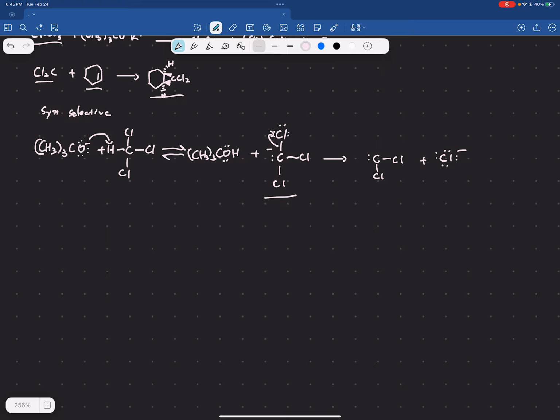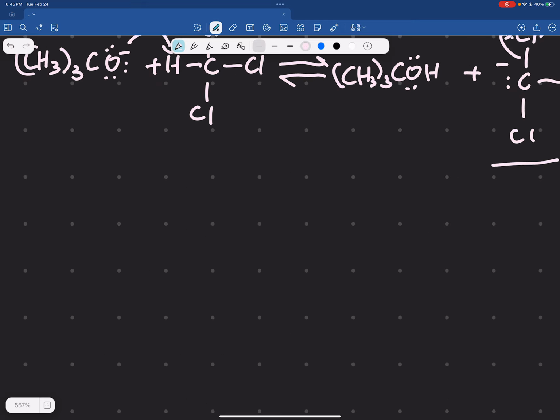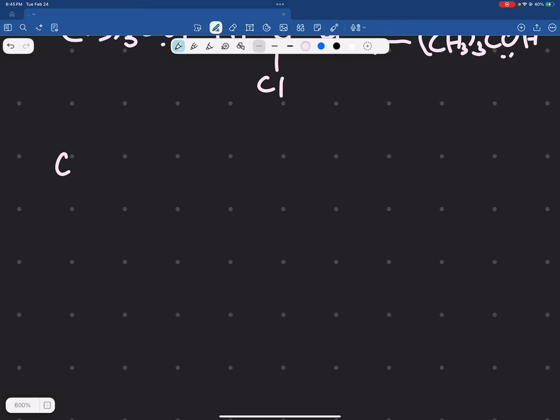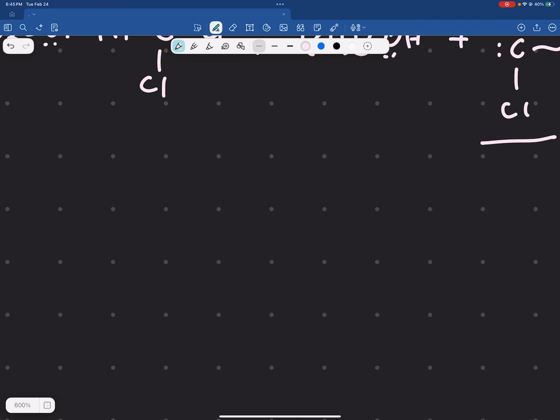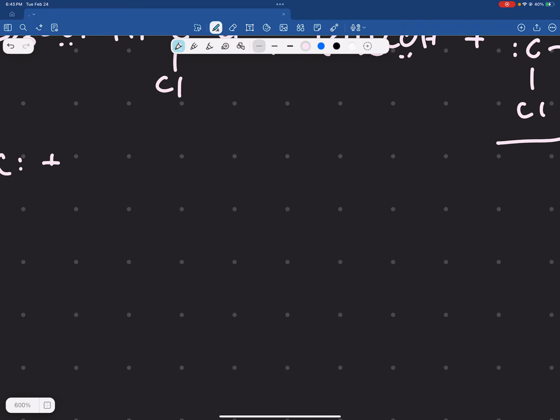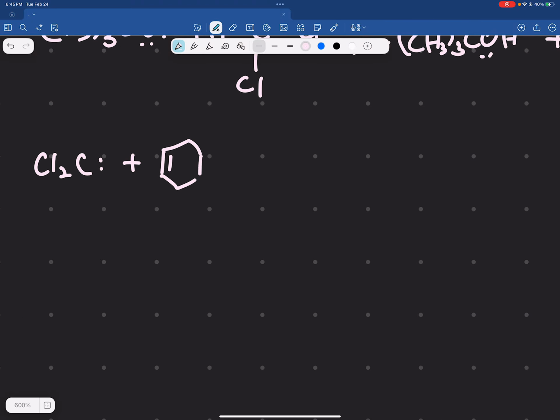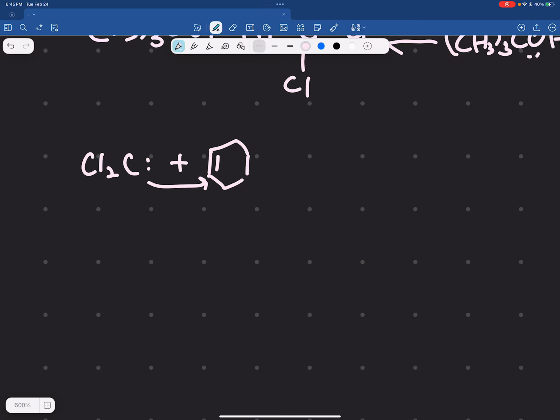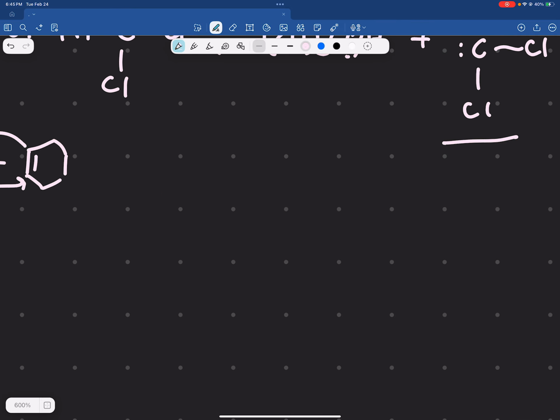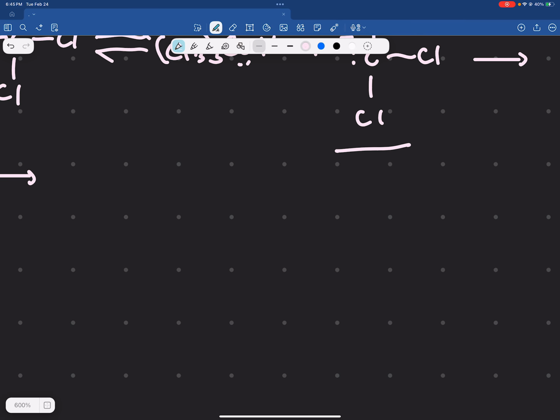And if you were to take this dichlorocarbene that we just formed, and react it with cyclohexene, the same one that we had before, this is going to attack that, like that, and it's going to form a dichlorocyclopropane, the same thing we had before.